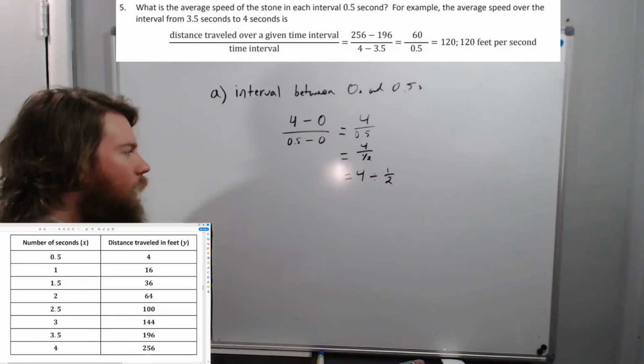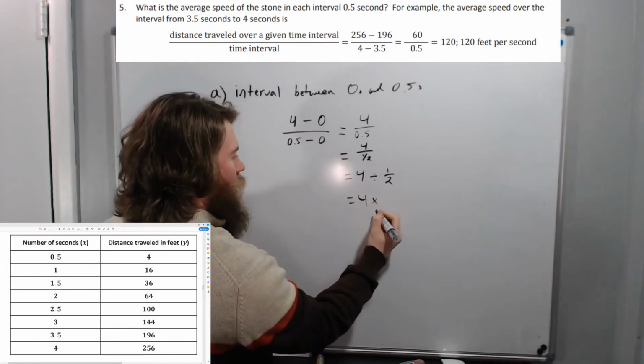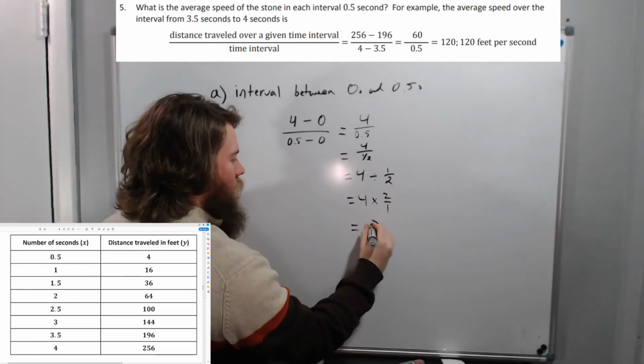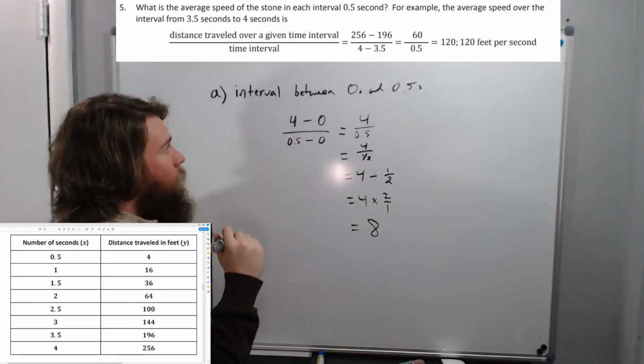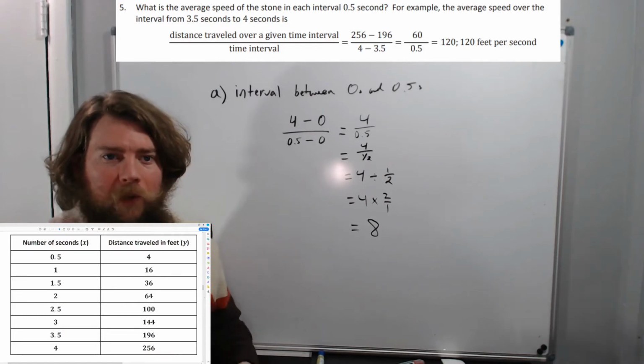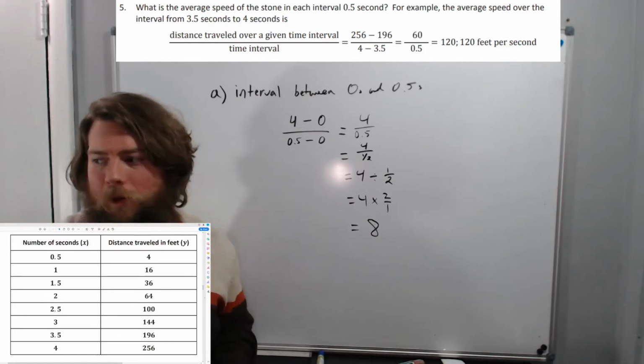All right, and now we're going to keep, change, flip. So keep, change, flip. 4 times 2 over 1 is just 8. So its average speed in the first half second was 8 feet per second.